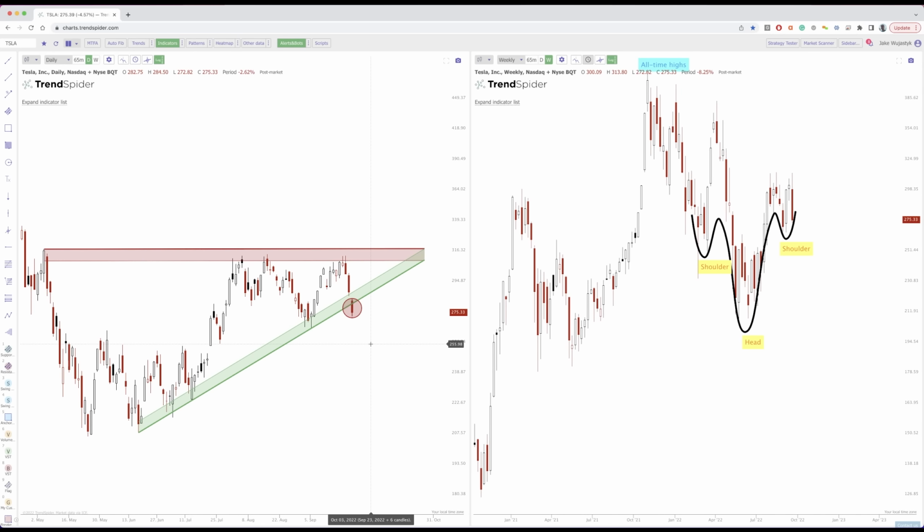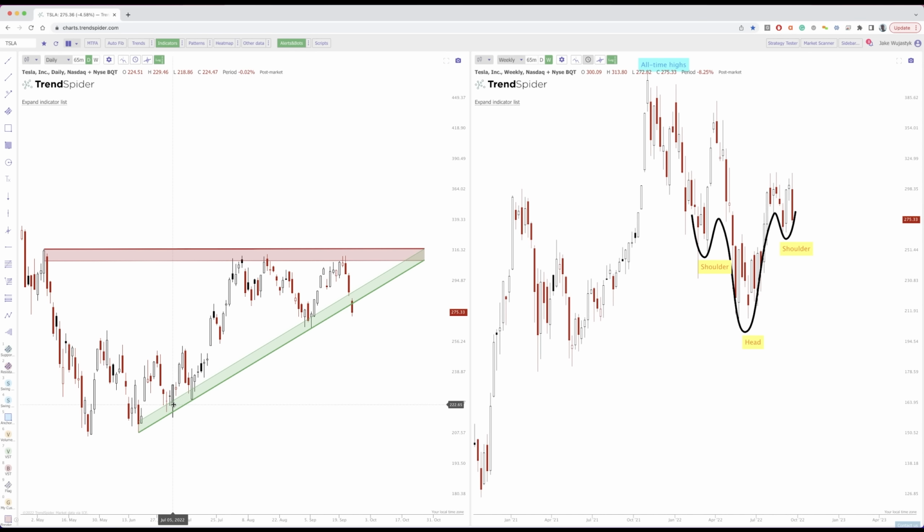Not a great look for Tesla here at all. As I mentioned, anytime we're using a breakdown, possibly a retest of this area before continuing down. But at the same time, this has held pretty well. So is it going to catch up with the markets and potentially fill this gap below from June, which is right around 250? We'll just have to see.